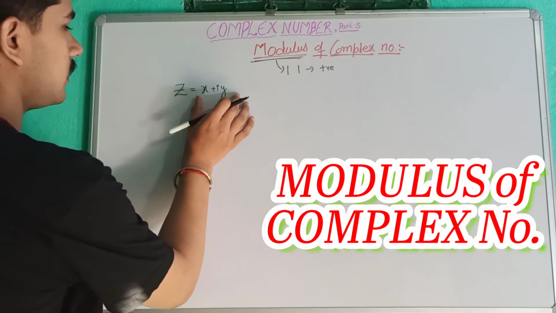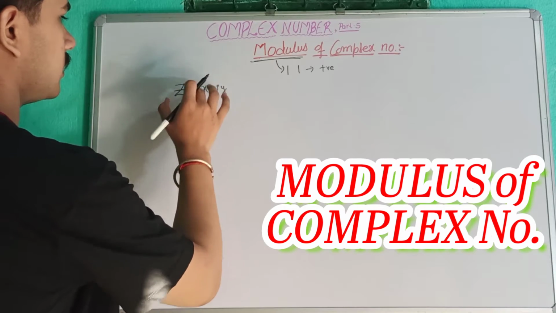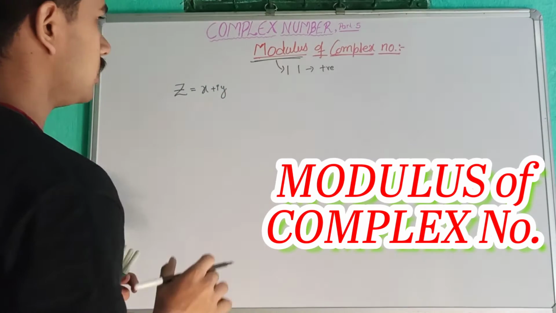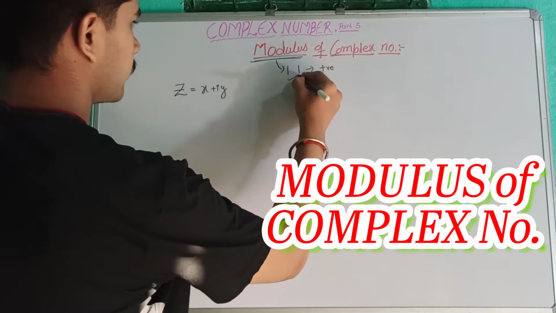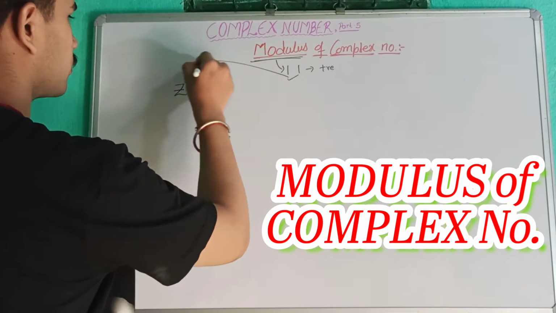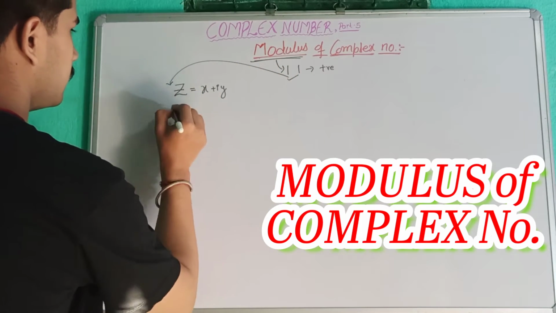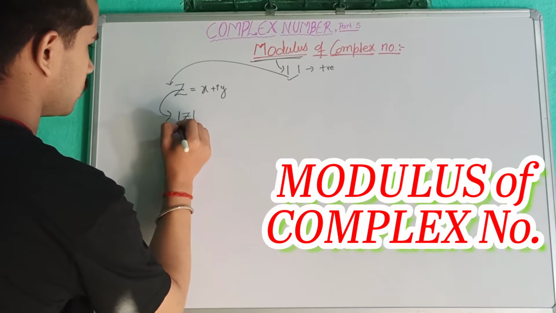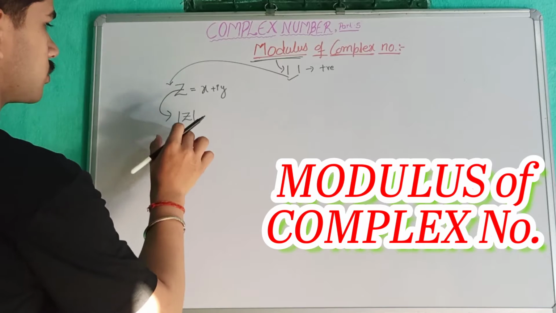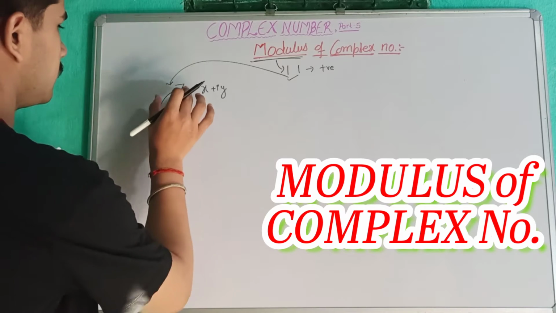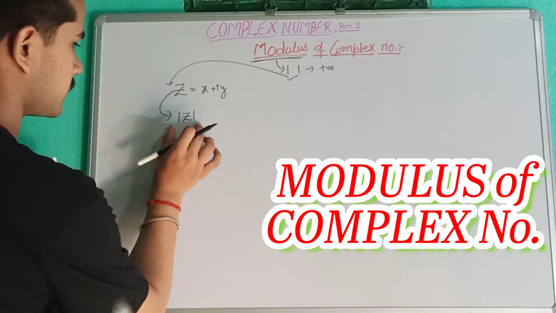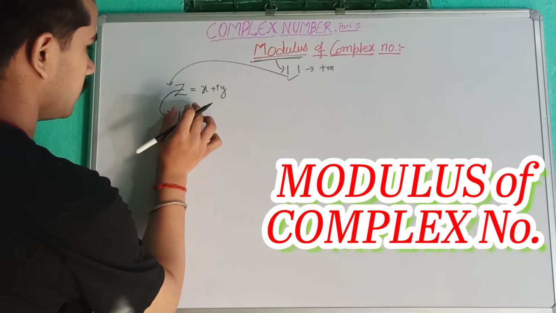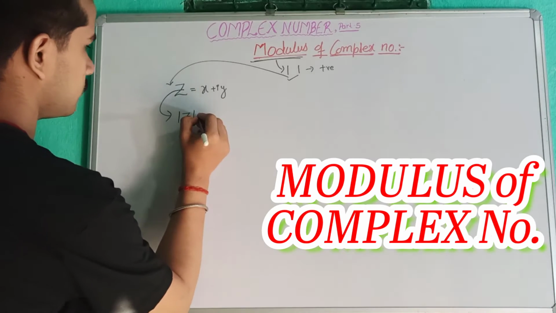Then this completes a complex number. So what is the role of modulus in this part? The role of modulus in this part will be something like this. See, it becomes the modulus of z. So this z can be written in between both the bars, that is the modulus of z.